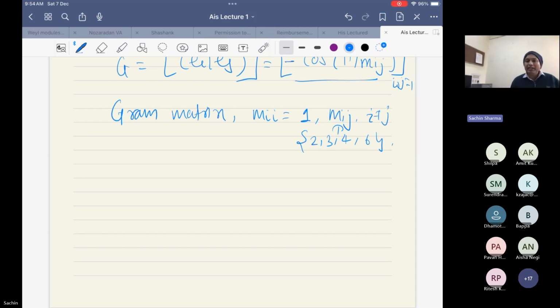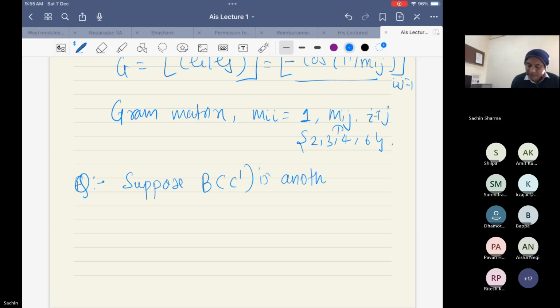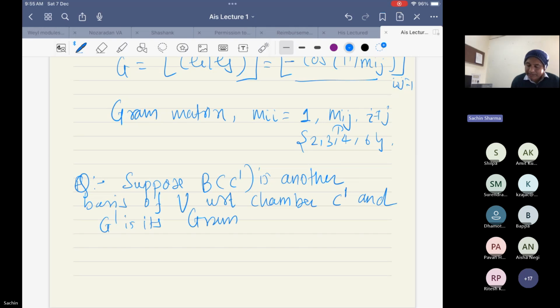Now my question is, here is the important thing when you do the mathematics. Question: suppose B of C dash is another basis of V with respect to chamber C dash, and G dash is its Gram matrix as above.